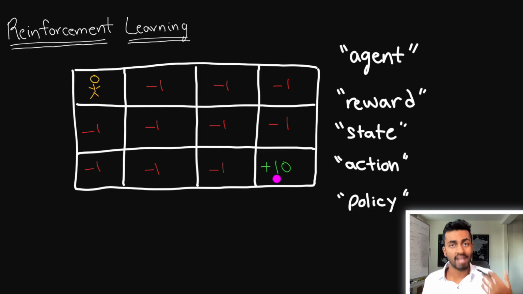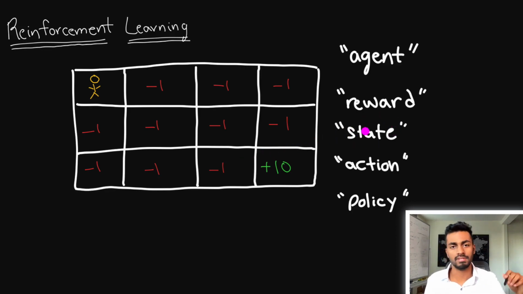In order to entice this agent to make certain moves, we use rewards. Rewards are these scalar values that you see in these squares. A high reward is used to entice it towards the goal, and every other place has a lower reward so that we make sure that the agent goes as fast as possible, taking as few steps as possible.